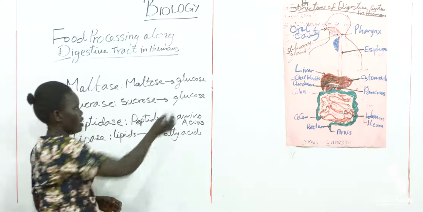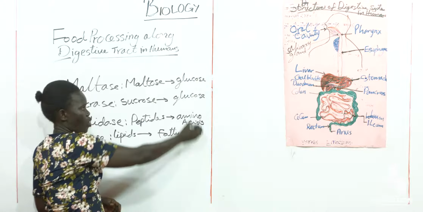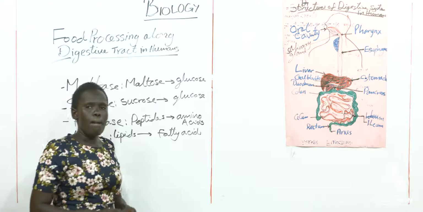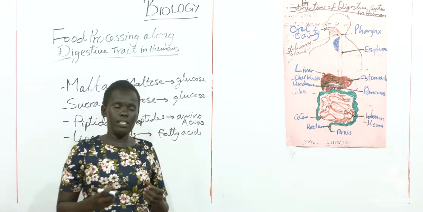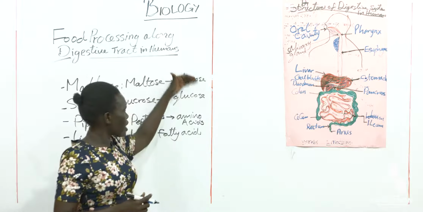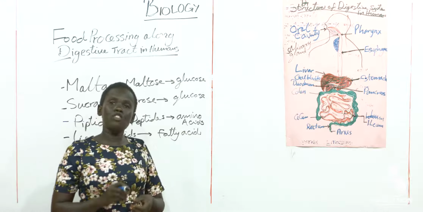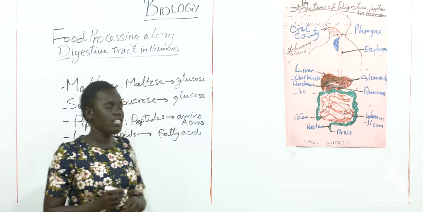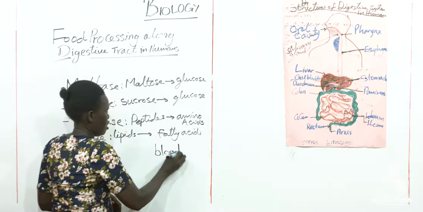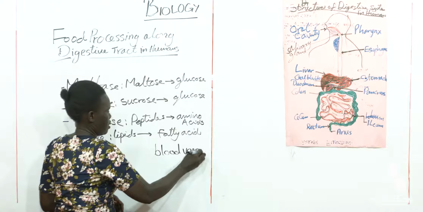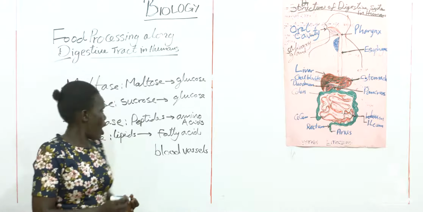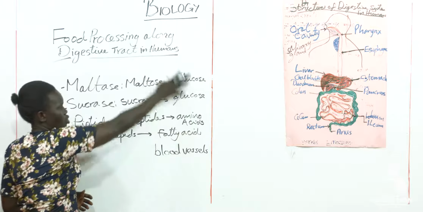When we look at these final products of digestion, these are the smallest particles of the food that the cell can absorb, the smallest particles that can diffuse into blood vessels. So up to here, the digestion was done.